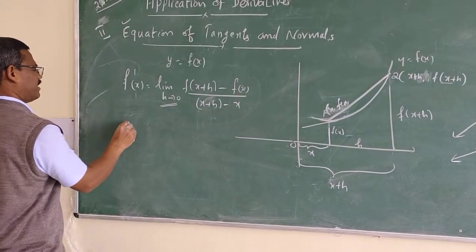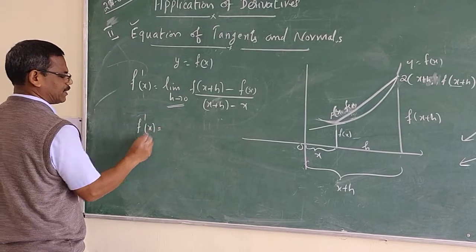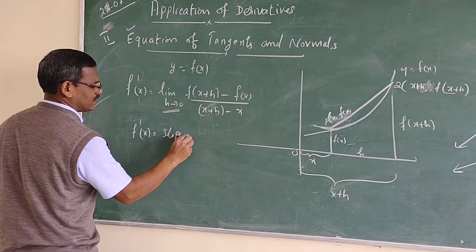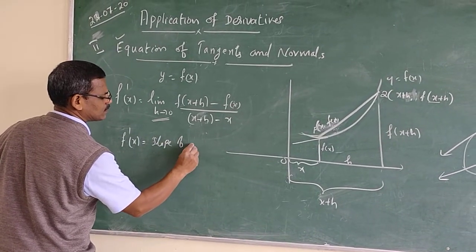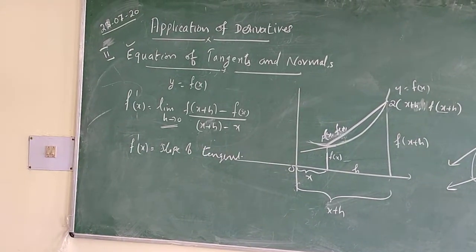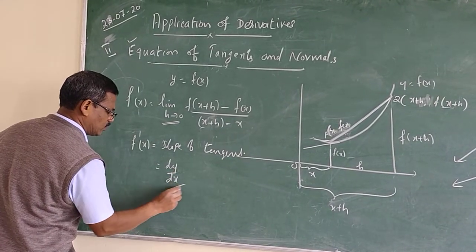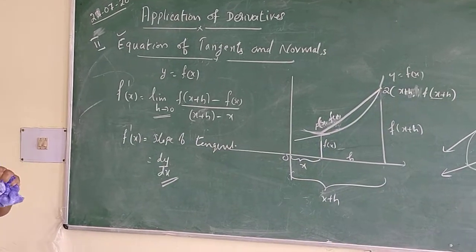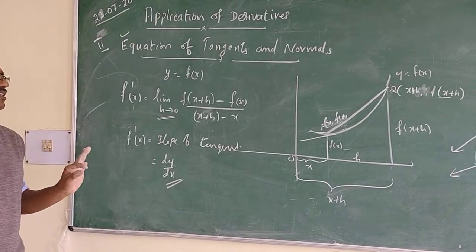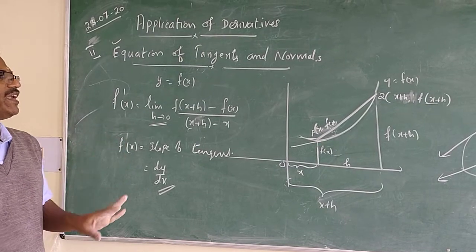So we say that f dash x, when we interpret it geometrically, is the slope of the tangent. f dash x is the slope of the tangent, or we can say it is dy by dx. So the geometrical interpretation of dy by dx is the slope of the tangent. That is to be made concrete.